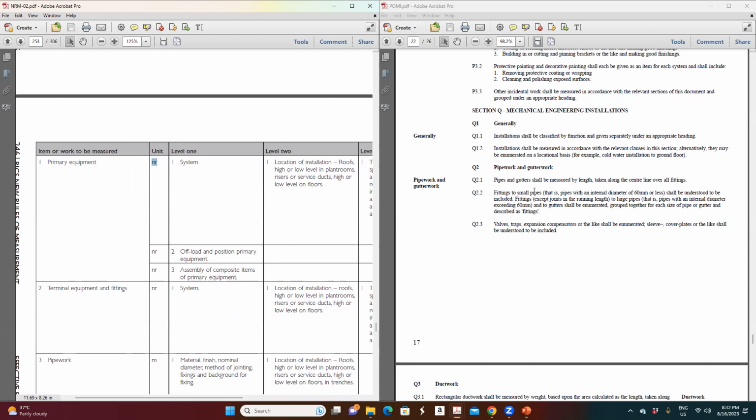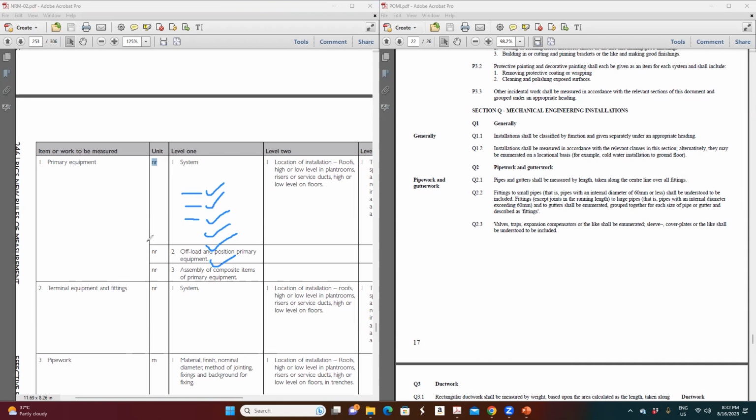Interestingly, NRM2 is not categorized based on the systems. For example, we have drainage system, water supply system, firefighting system, HVAC system, LPG system, and BMS system under the mechanical.